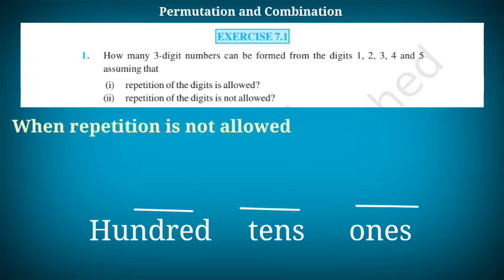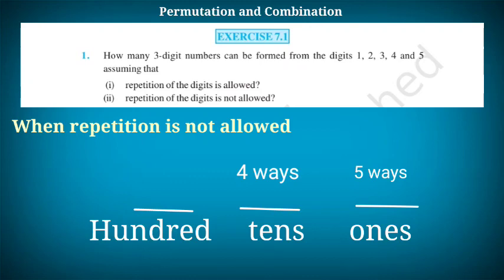Now in case the repetition is not allowed, what will happen? We will select the units place digit in 5 different ways, because all 5 digits will be available for selecting the units place digit. And for selecting the tens place digit, the middle chair, there will be 4 options, because one number will already be selected in the units place and the repetition is not allowed.